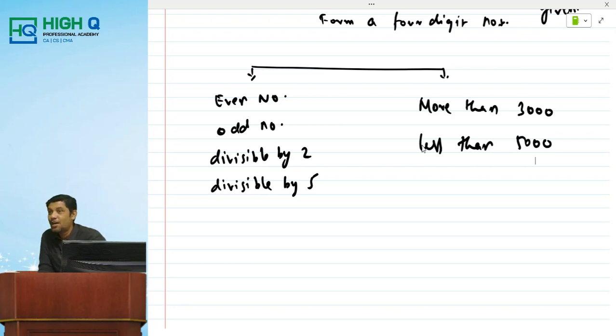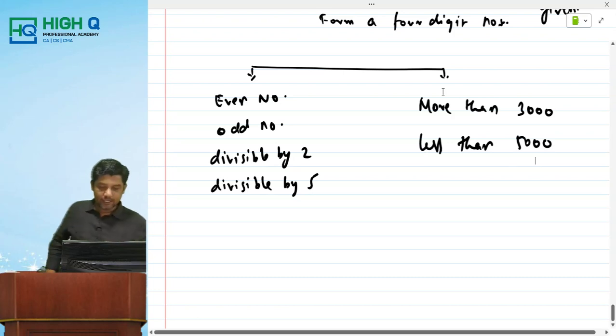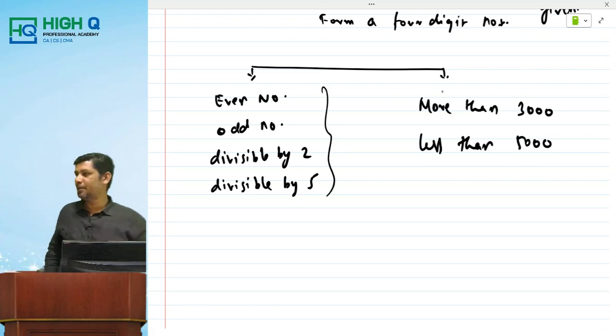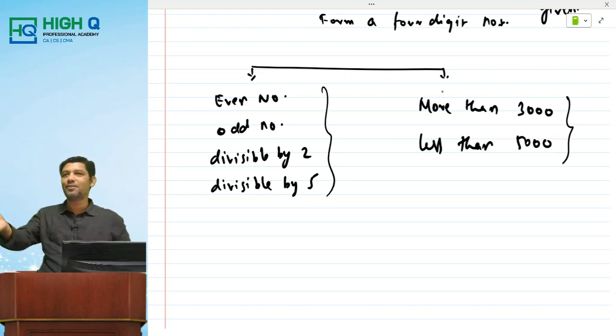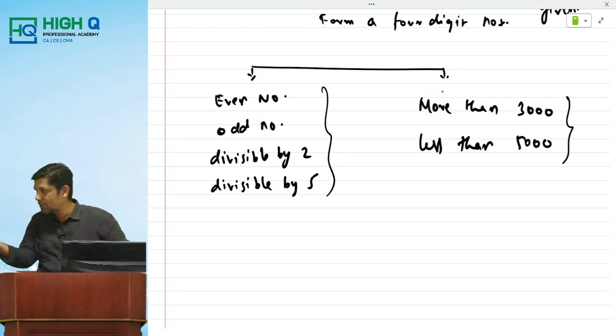And how will you identify that a number is more than 5,000 or 6,000, something like that? When the first type of question comes, we need to start from the last digit. When the second type comes, we need to start from the first digit. Fantastic, my dear. This is the logic we first need to understand. So, this way we can divide.